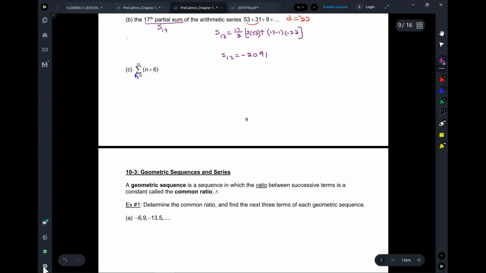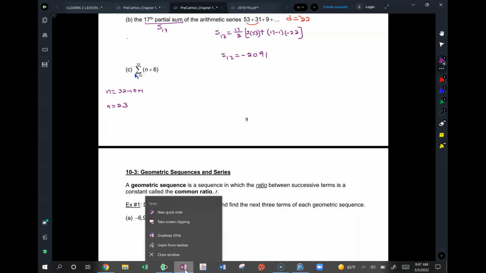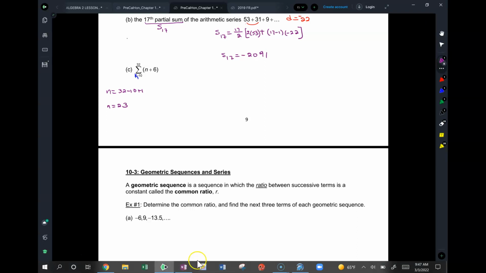So how much is n? If you start at the 10th and you go to the 32nd and you're including the 10th and the 32nd, how many numbers do you have? 32 minus 10 would be 22, but that's if you don't count the 10th one. That's if you start from the 11th one. So you've got to do plus 1. So that's 23 terms. Let's take a smaller example.